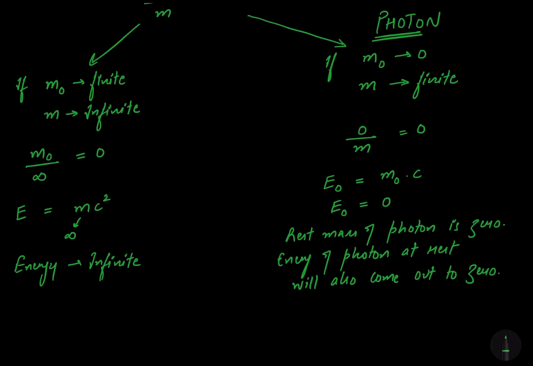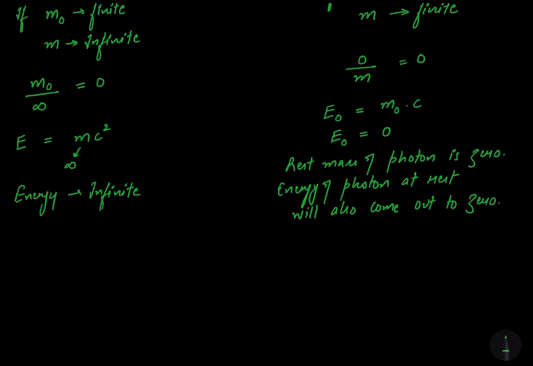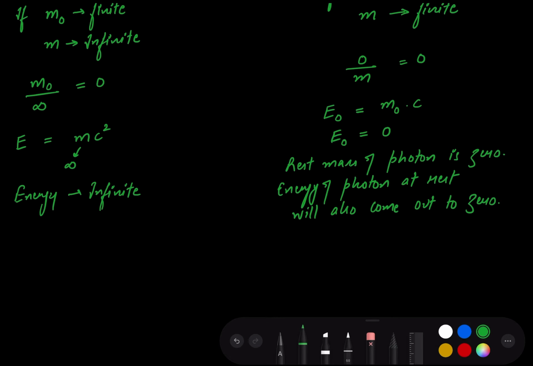So we have assumed the rest mass of photon to be 0, then the energy of the photon at rest will also come out to be 0, which is a very practical thing. And here we have proved one point from the previous lectures. Let me write this thing with a different color because it's a proof.